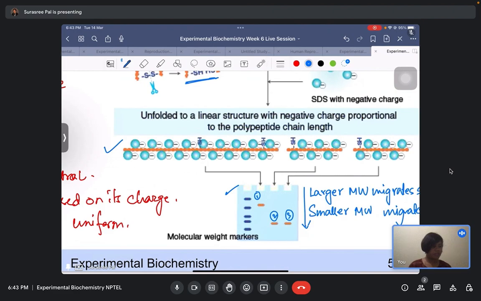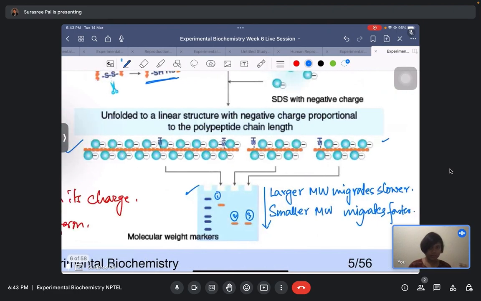Therefore 2 and 3 will be of smaller molecular weight. That is why they are migrating faster, their migration is more, and 1 is of larger molecular weight than 2 and 3, that is why its migration is slow.